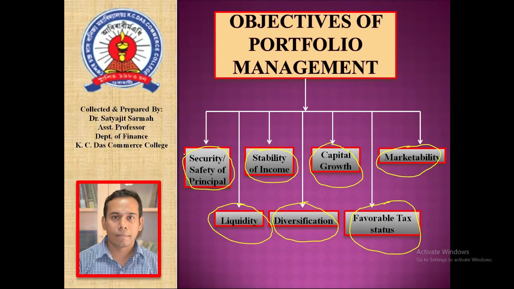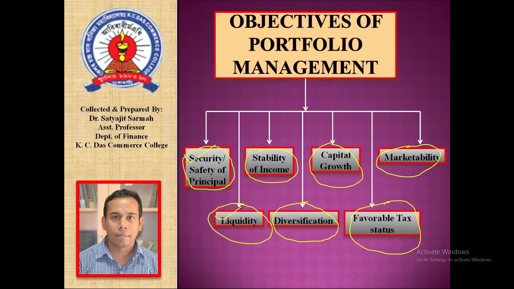The first objective of portfolio management is the safety of the principal invested. Safety means protection for investment against loss under reasonable variations. Next one is liquidity. Under portfolio management, investors always desire to take advantage of attractive opportunities coming in the market.